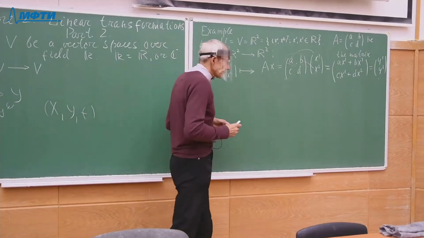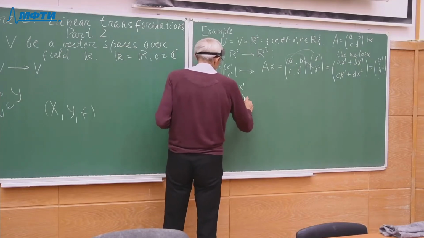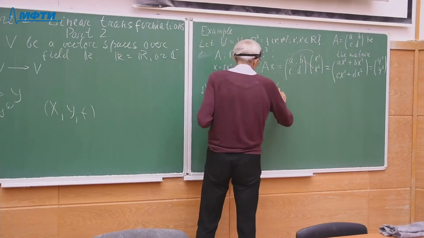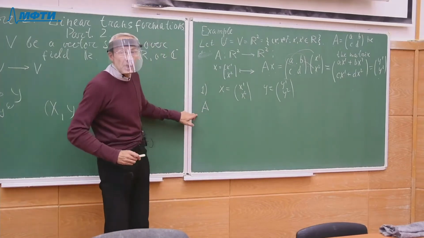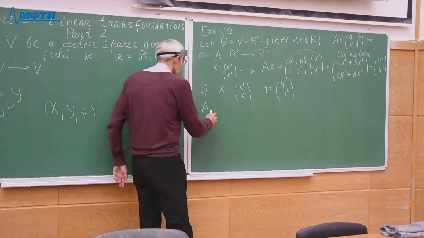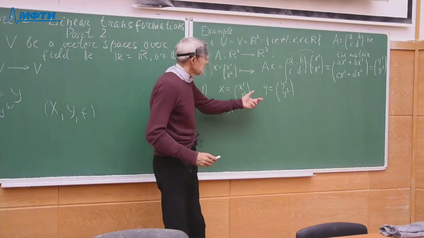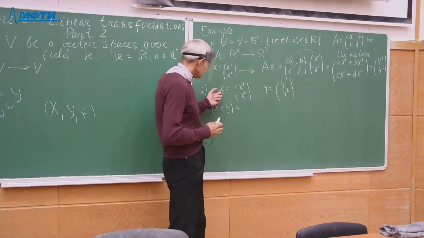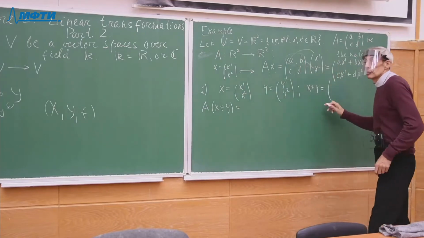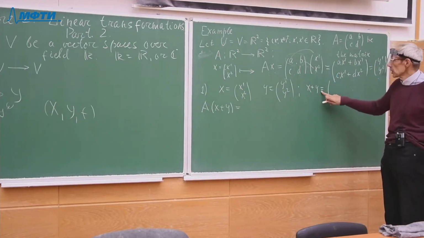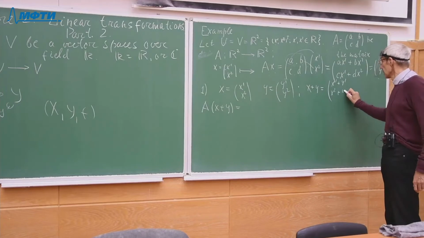If I consider two vectors, x, which is equal to (x1, x2), and y, which has elements y1 and y2, and if I apply my matrix A to the sum x plus y, by definition the sum of these vectors is the sum of the corresponding coordinates, and the sum x plus y will be the vector which has the following coordinates: x1 plus y1, x2 plus y2.